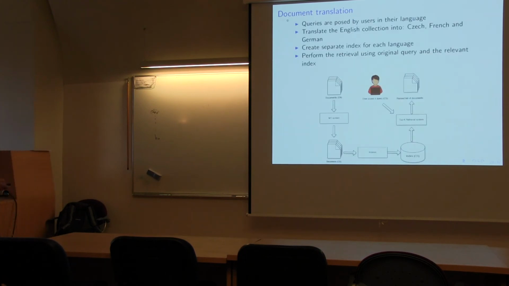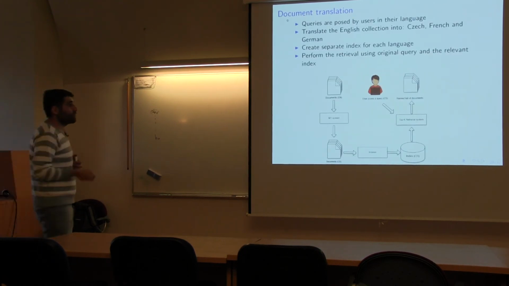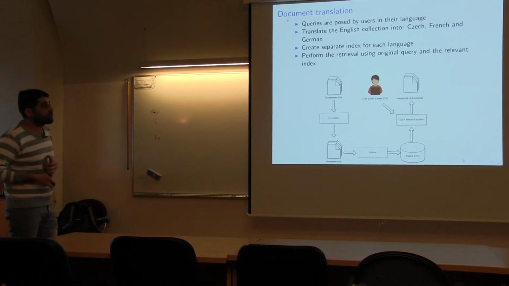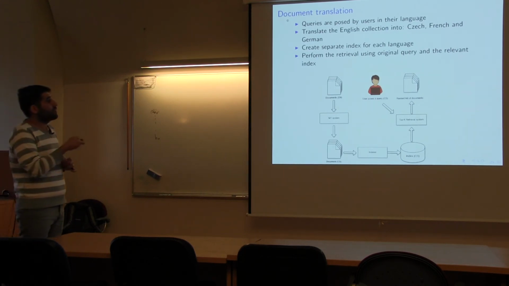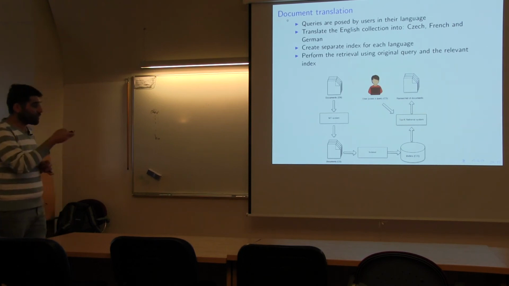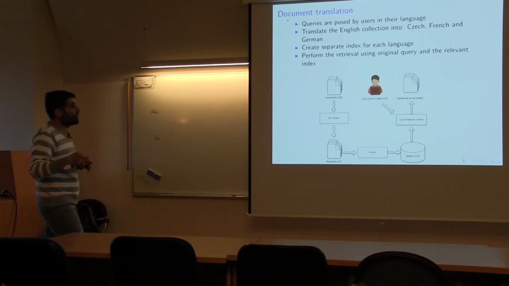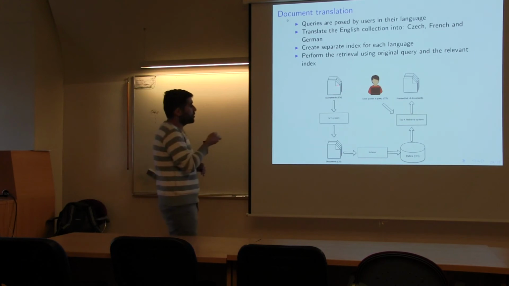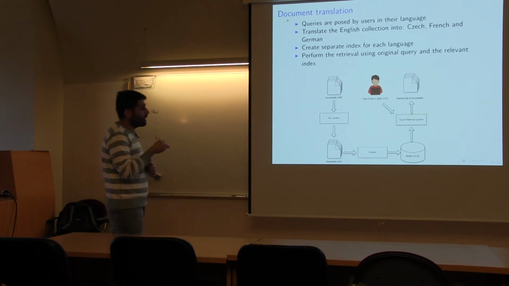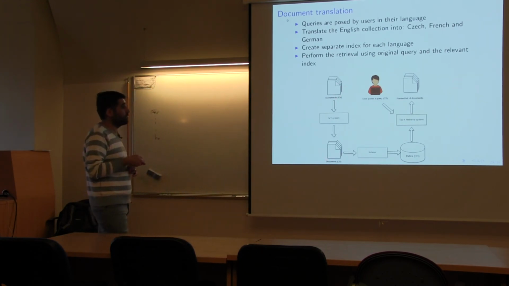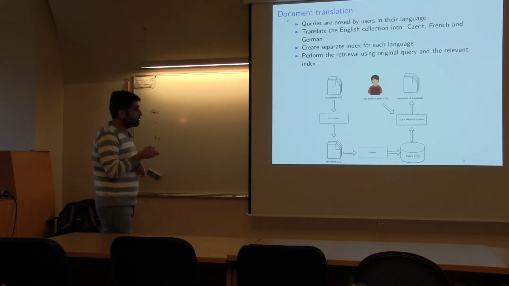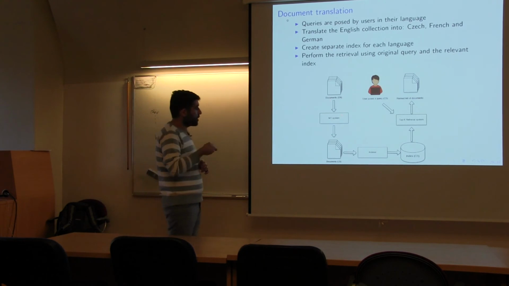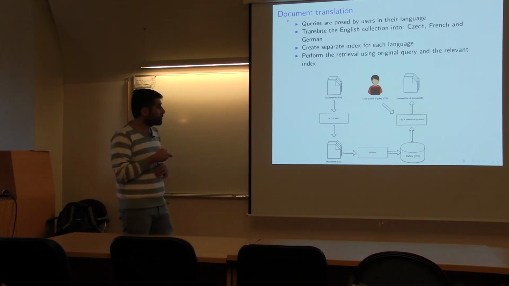So what we did, we took the queries translated by humans in these languages, and we kept them as they are, and then we translated the English documents into all of these languages. Here, for example, they are almost 1 million documents.